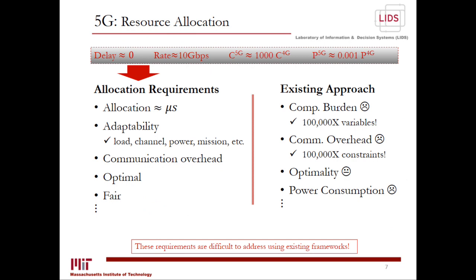If a device doesn't have traffic, it shouldn't be allocated anything. It should depend on channel, it should depend on power state or battery state of these devices. It should depend on the kind of mission and many other factors. If we take all these into account, we believe that the scheduling mechanism that we currently have in LTE networks is basically impossible to use to resolve this problem in microseconds.